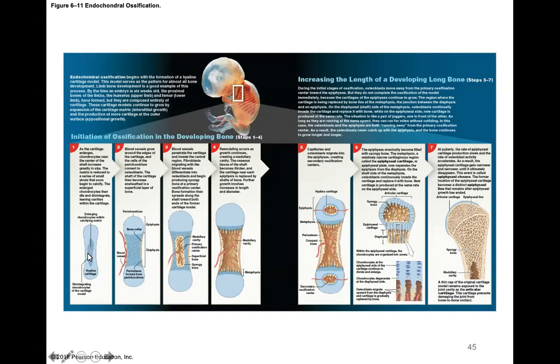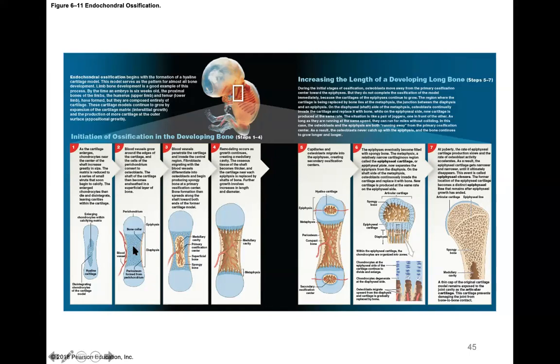And this ossification center is going to be a few cells that are going to start to develop bone within this. As you're developing this ossification center, what you're going to start to bring in now is blood vessels. These will grow around the edges of the cartilage and the cells of the perichondrium to convert to osteoblasts.